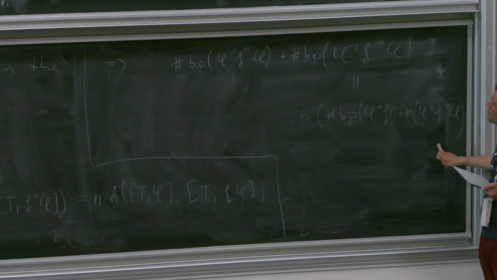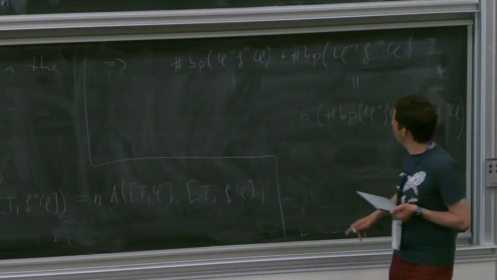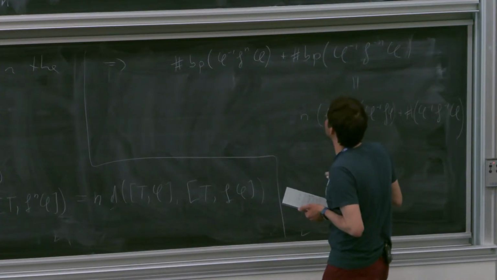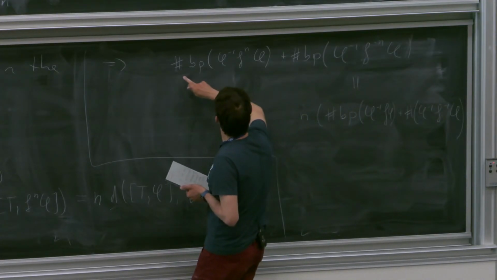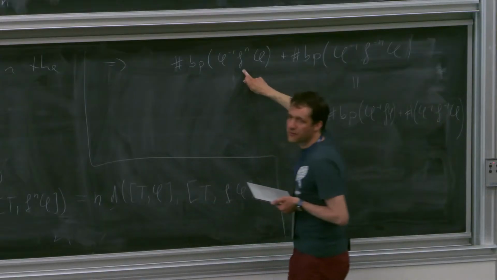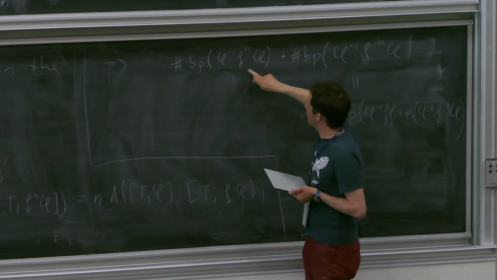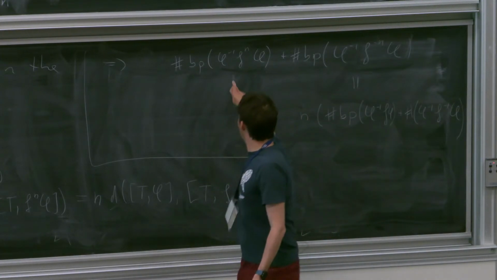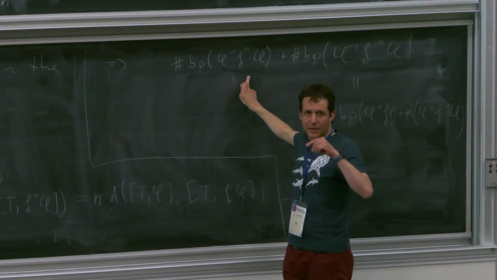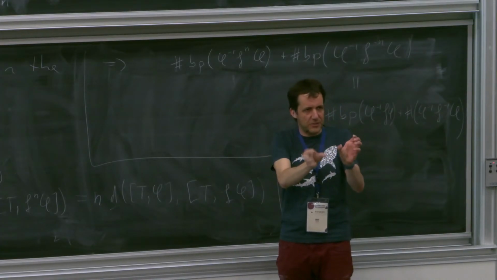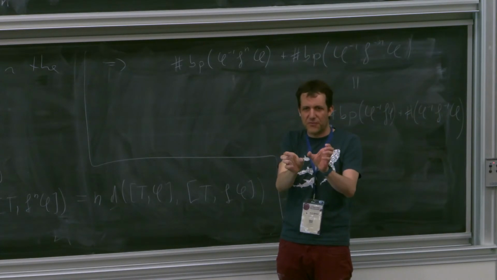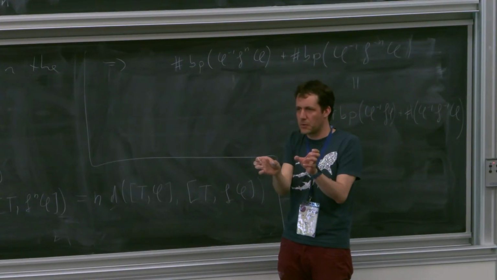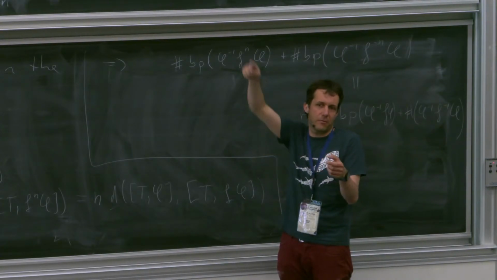And now what we also know is that the number of base points of f iterated n times is at most n times the number of base points of f, right? If you compose two maps f and g, then the number of base points of f composed with g has to be smaller or equal to the number of base points of f plus the number of base points of g. We just blow up those base points.